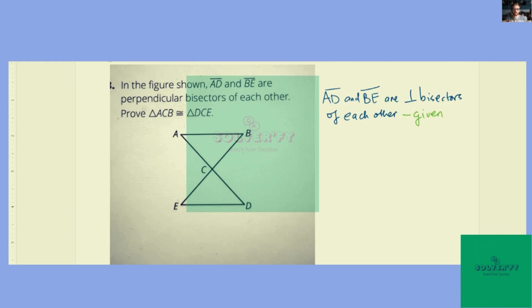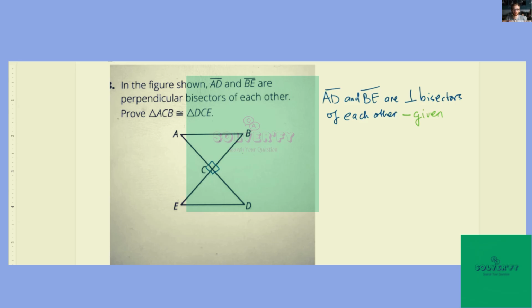Next, we want to indicate that they are perpendicular. Let me just put the right angles here. So this is 90 degrees, and therefore this is also 90 degrees. This is 90 degrees and 90 degrees. And how do we know that these angles are 90 degrees?